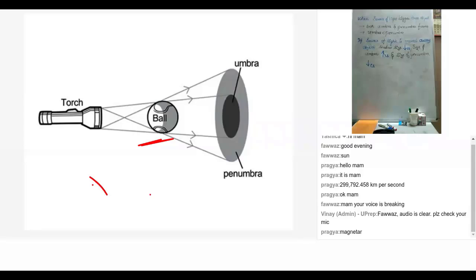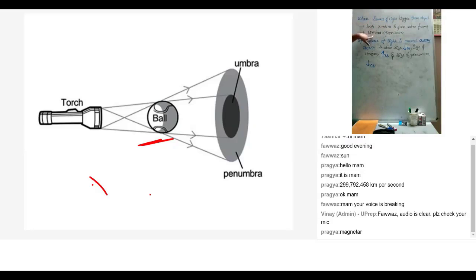Yeah, ma'am. So the other case, let us recollect what we have learned in this case. When the source of light is smaller than the object, like you are taking a candle and the object is of a football size, it's just an example, the object is far bigger than the source of light. In that case, you will get a shadow which will have both umbra and penumbra.